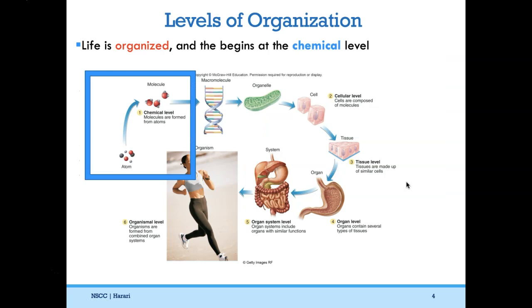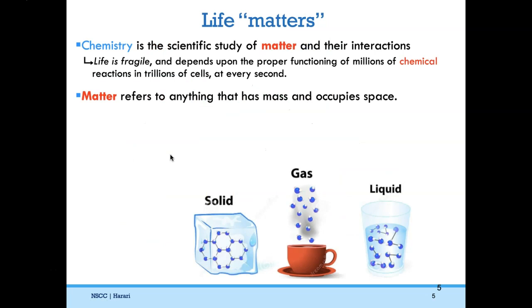We said in last class that life is organized, and we could begin at the simplest level, which is the chemical level. So what we're going to do today in Chapter 2 is zoom in on the atomic level and the molecular level, which is the very basic level of organization of all living things. Chemistry is the scientific study of matter and how that matter interacts. And life is very fragile.